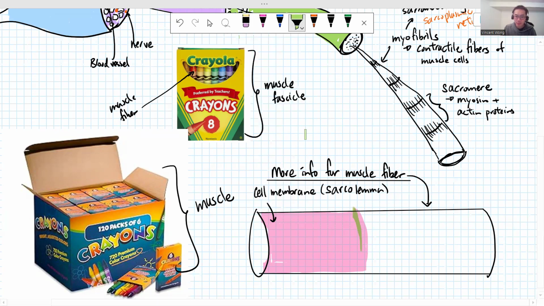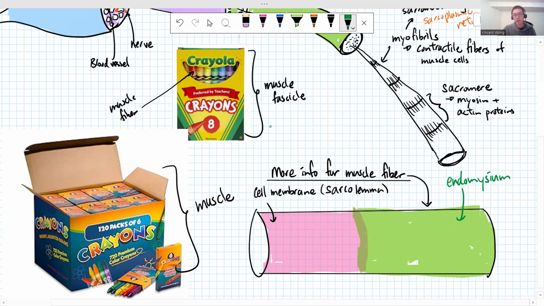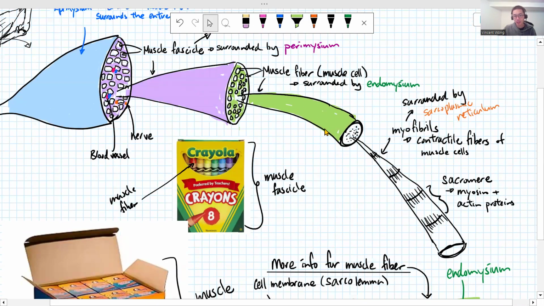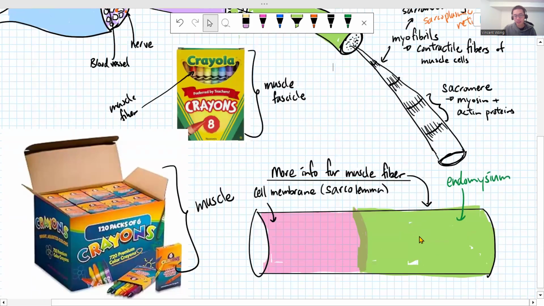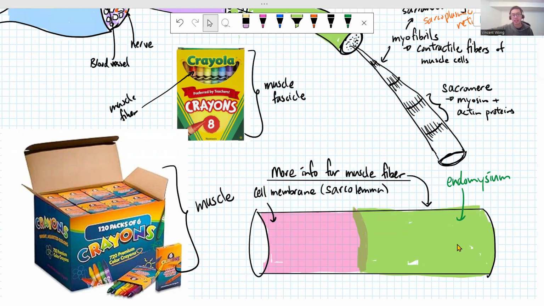And outside of the sarcolemma is basically this thing, the endomysium, which is like the thing that goes around the muscle fiber, right? This green part right here. So if you roll that away, then immediately you would see the cell membrane, or the sarcolemma.